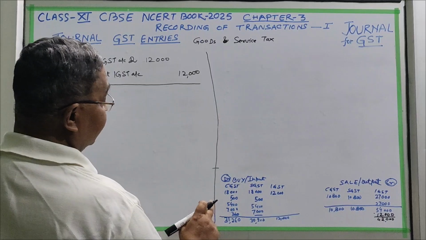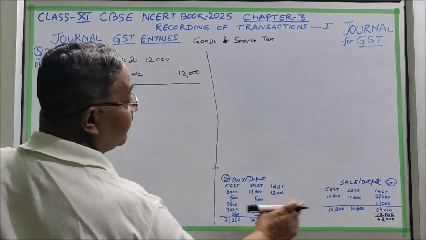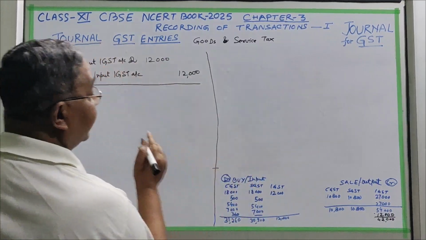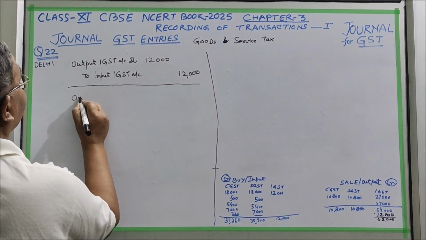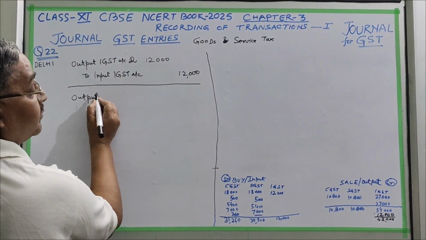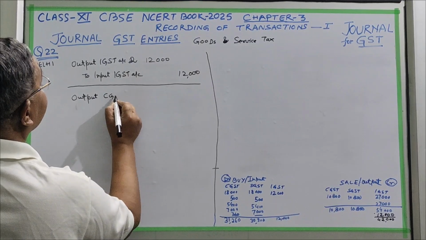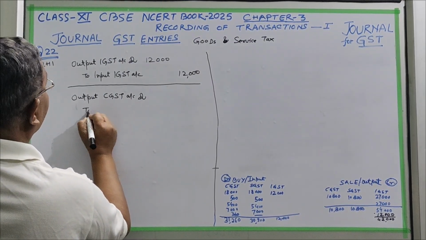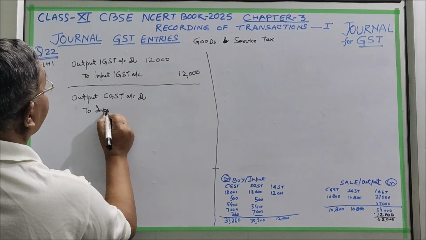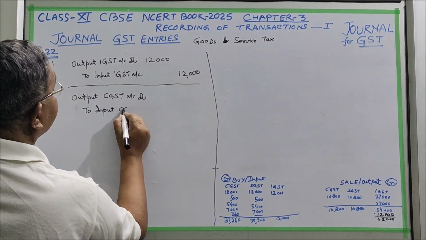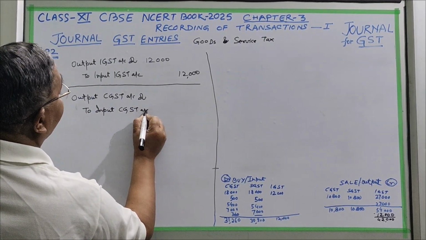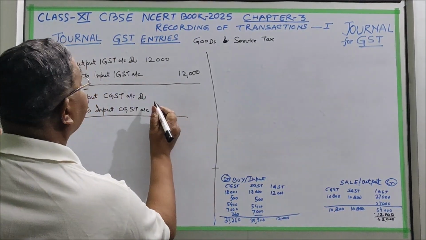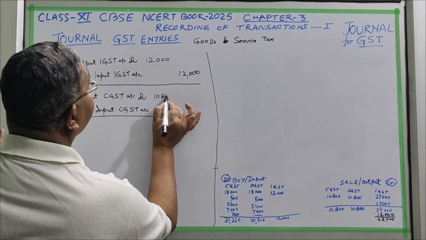Then this CGST will be adjusted from 10,800. So output CGST account debit to input CGST account. How much can we adjust? 10,800, so 10,800 we will set off.